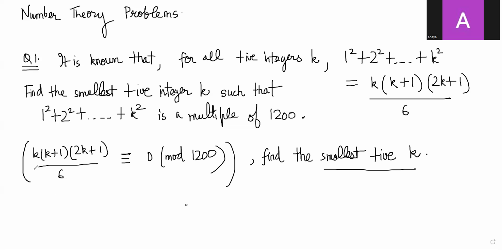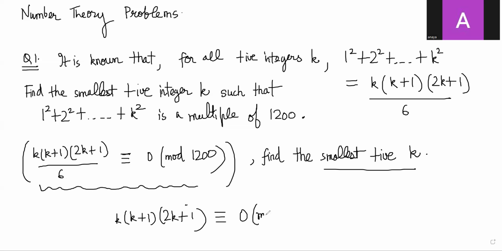We have k into k plus 1 into 2k plus 1 by 6 is congruent to 0 mod 1200, right? That automatically means that the product of these three itself also has to be 0 mod 1200.